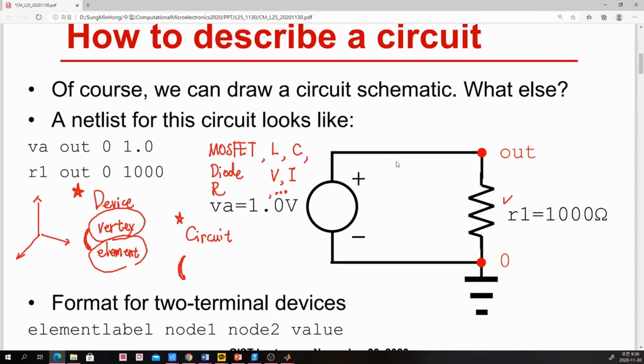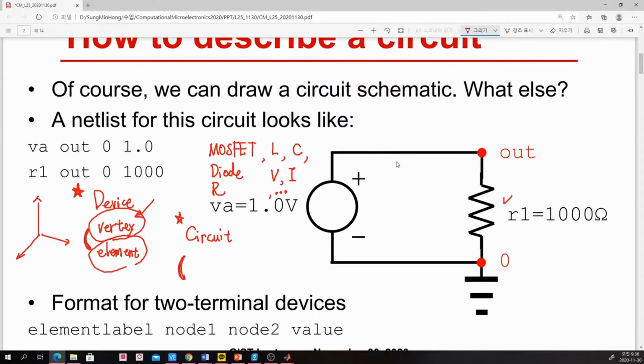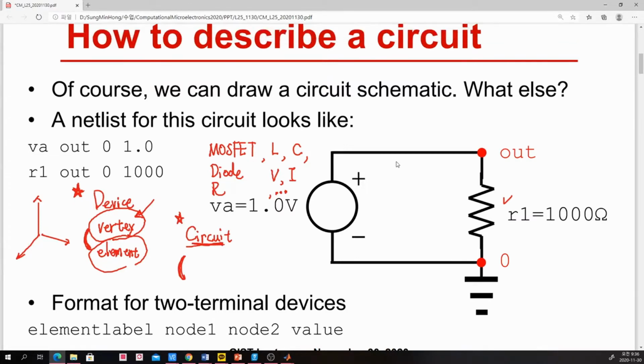So this way, just specifying a position is not relevant. Also, in the case of a circuit schematic, their connectivity is important. However, their position itself in the circuit schematic doesn't matter.